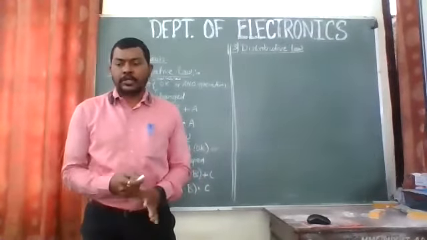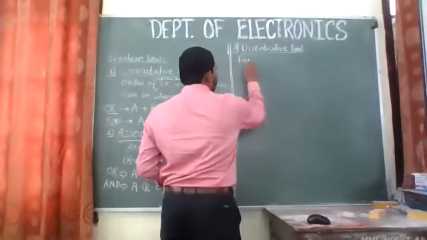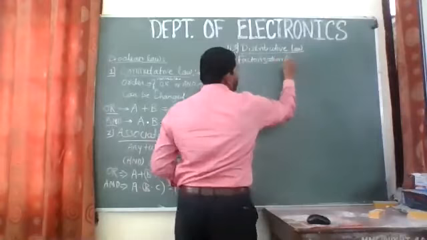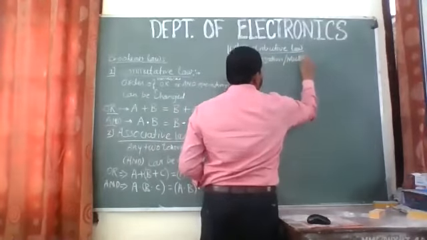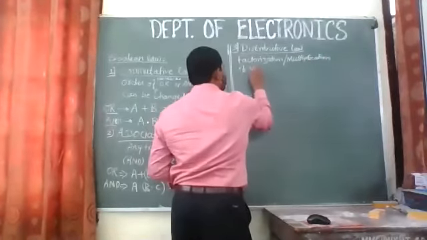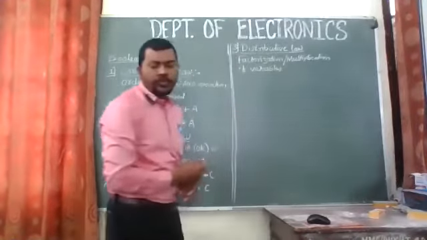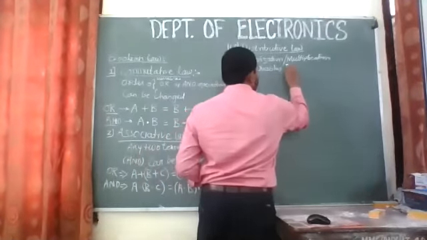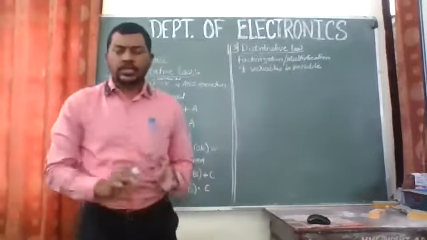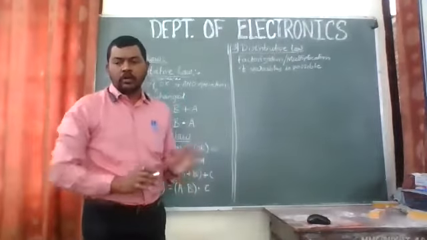The statement is that factorization or multiplication of variables is possible. This is the third law, which we call the distributive law. So factorization and multiplication of different terms is possible.